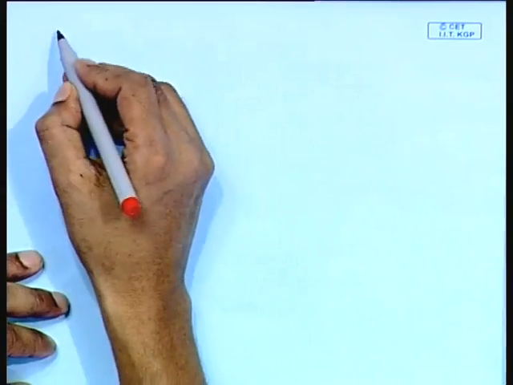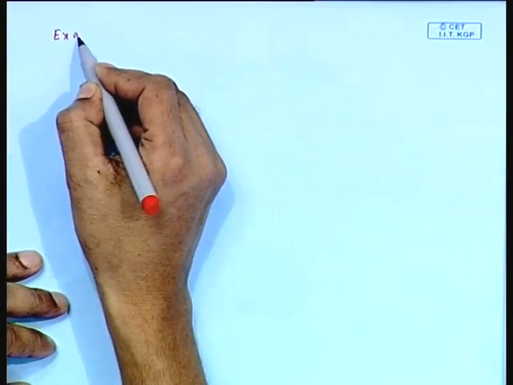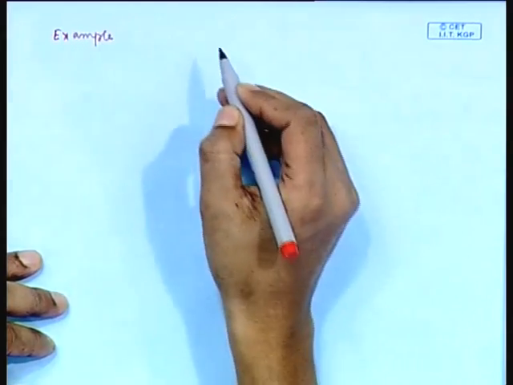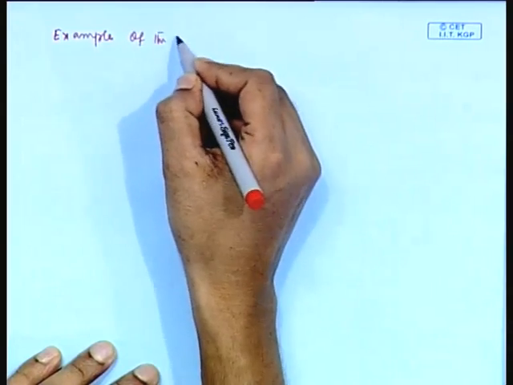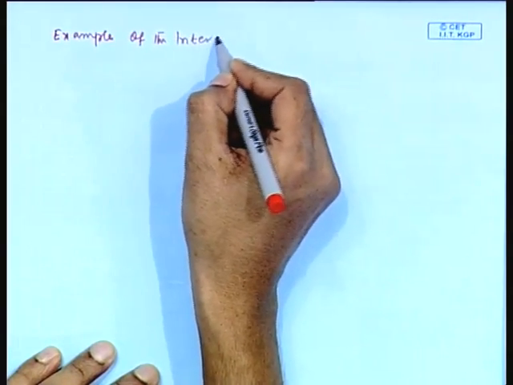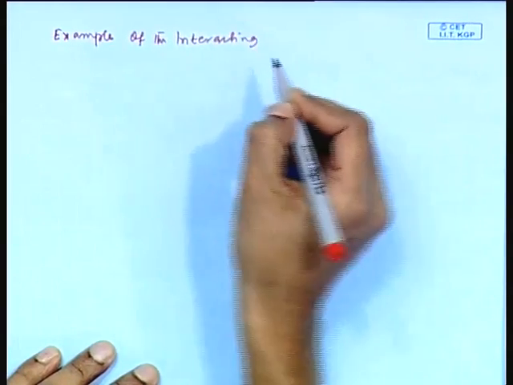So, next example is the example of the interacting system.